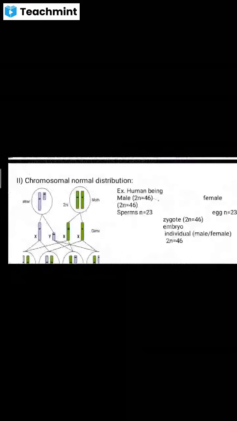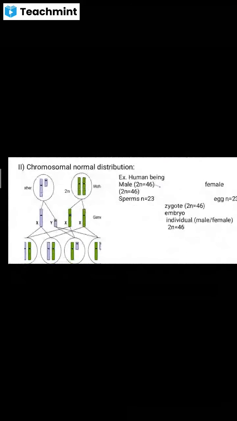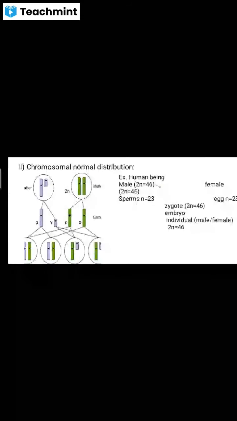Then, chromosomal normal distribution. This is the diagrammatic representation of how the chromosomes are distributed from male and female. For example, in the case of humans, parents are in the diploid state, and their chromosome number is 46, in the female parent also the same, 2n equals 46.